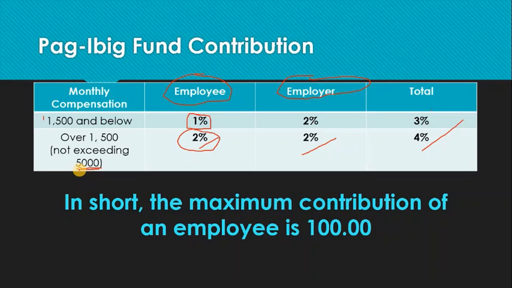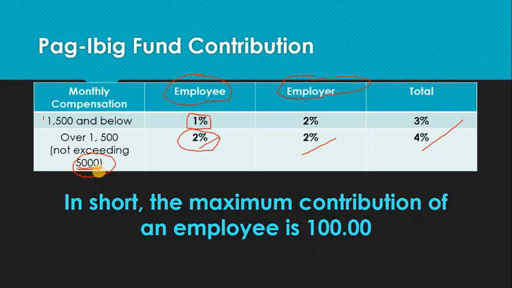Okay, so that's how Pag-IBIG fund works. Again, if my salary is 7,500, since it exceeds 5,000, you will not compute 2% of 7,500. Instead, you will compute 2% of 5,000.